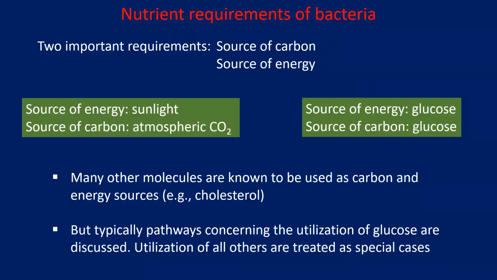This is the major source of energy, and that's why most textbooks talk about it. But apart from glucose, there are different molecules which can still be categorized as a source of energy or a source of carbon, and we are not going to discuss that.